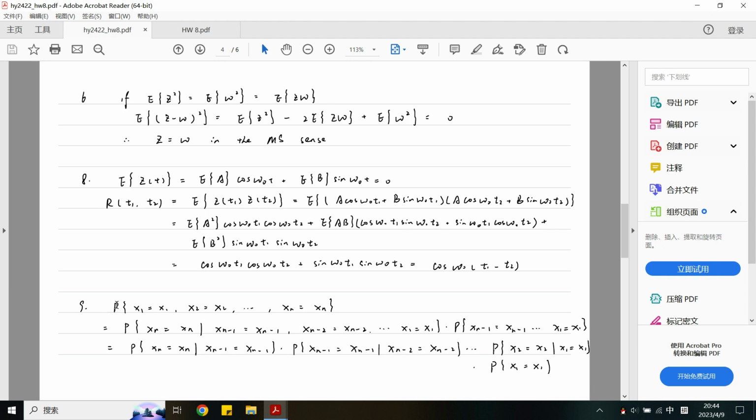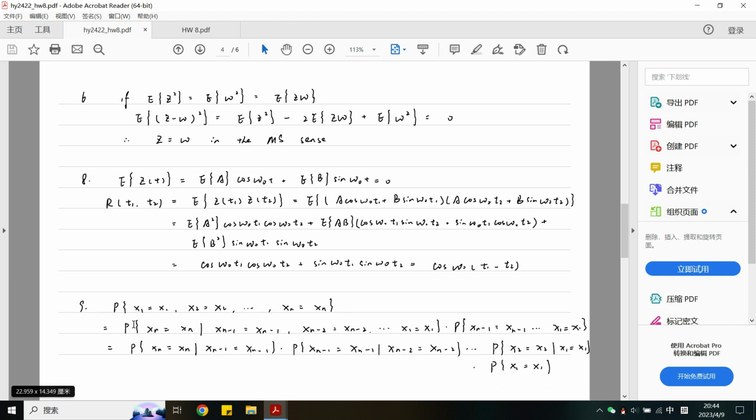The probability mass, which is the probability that X1 equals x1, X2 equals x2, and then Xn equals xn. After that, we can use Bayes rule to take these terms apart.